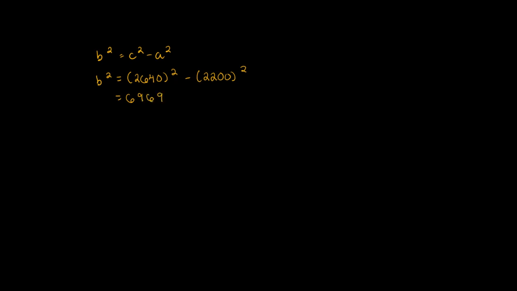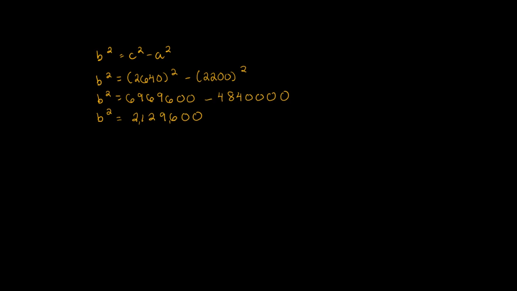I gotta make sure that I'm not missing any numbers. So we've got these large numbers that now I need to make sure I put in my calculator properly so I don't make any math errors. So this gives us that b squared is equal to 2,129,600.